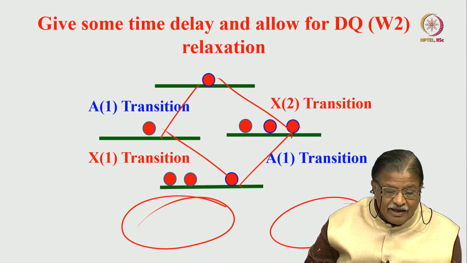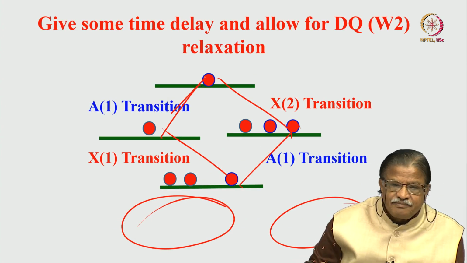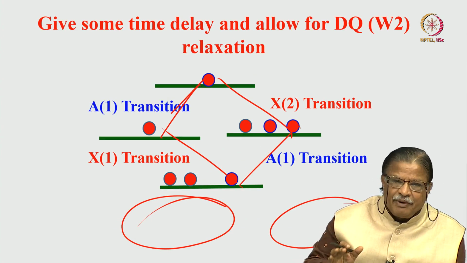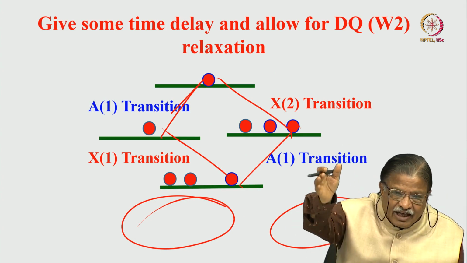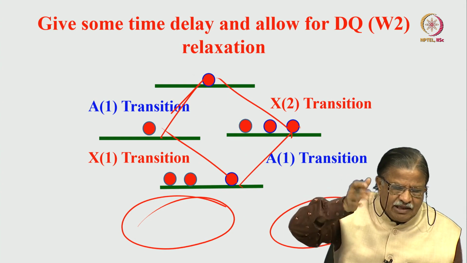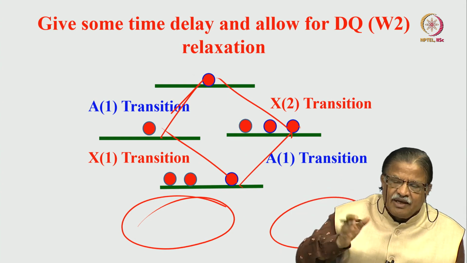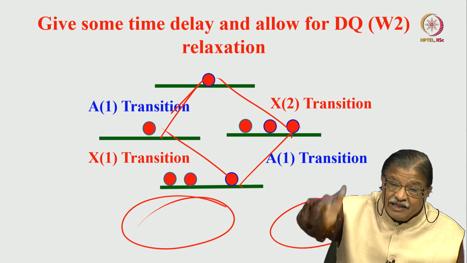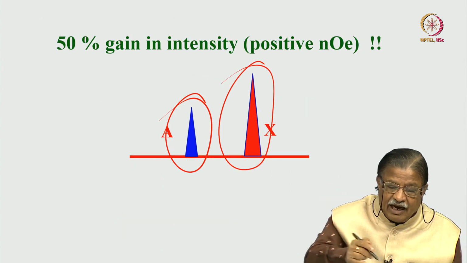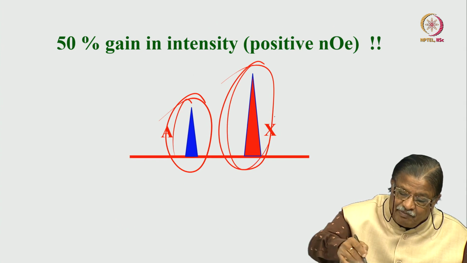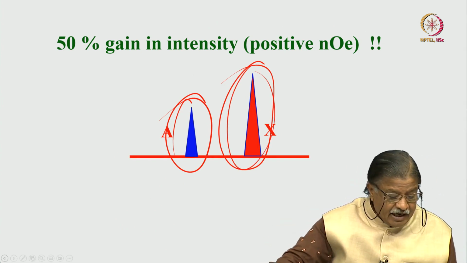What happened here? We saturated the A spin. That's what should happen: if I saturate one spin, the change in the intensity of the non-irradiated spin is what is NOE. I told you the definition of NOE in the previous class. I am irradiating the A spin, there must be a change in the intensity of the X spin, and that's what happens here. I irradiated the A spin, and the X spin has increased its intensity by 50%.